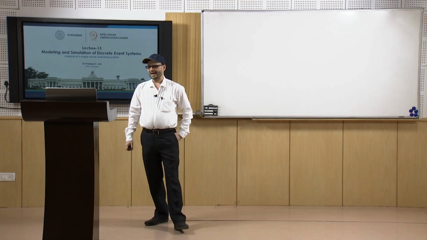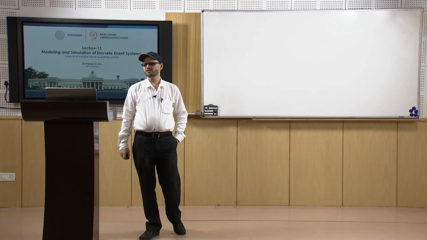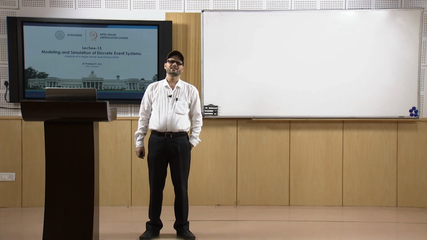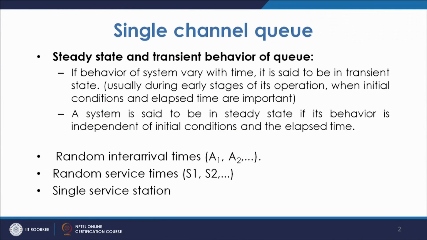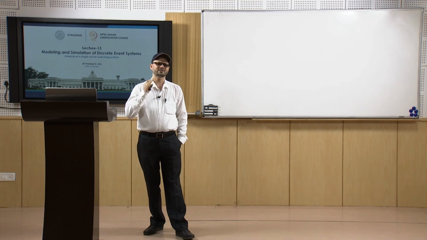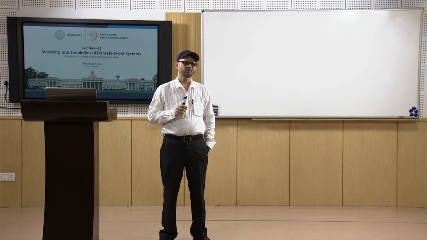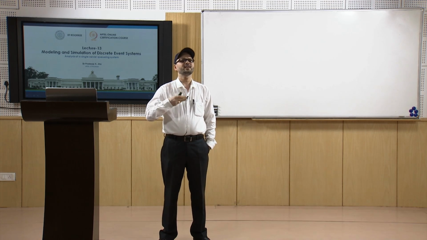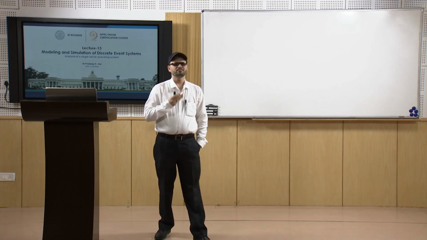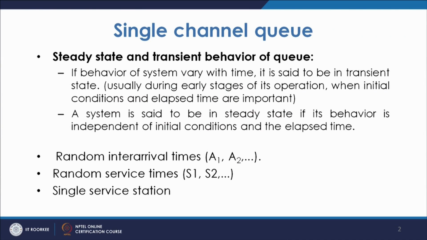Before proceeding, we must understand the steady state value as well as the transient value. That way the steady state and transient behavior of the queue is characterized. Steady state means that at that point of time things do not change with time, and transient means things change. If the behavior of the system varies with time, then it is said to be in the transient state.